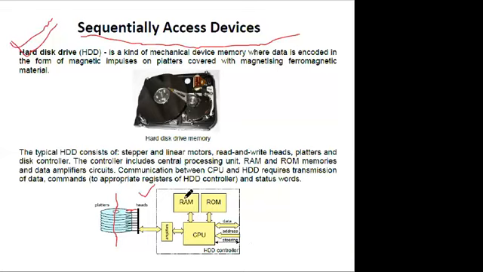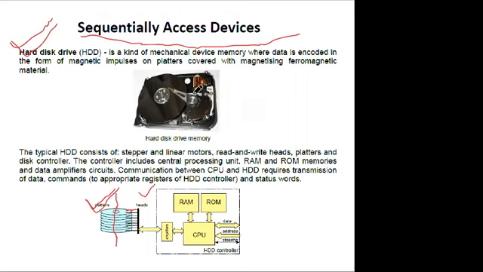This is how a hard drive controller operates. We have RAM and ROM connected to the processor, then we have address lines, data lines, and control lines, and this is the secondary storage which is connected. Multiplexing is done, and a particular address is placed by the processor on the address bus, which accesses that particular address in the hard disk drive. A hard drive basically has a stepper or linear motor, and then read and write heads.